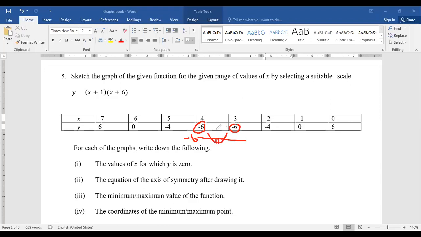So if you can't take negative 7 here, that means we need small 5 divisions, right? Small 5 divisions. That means negative 6.1, negative 6.2, negative 6.3, like that. Small 5 divisions is enough, right? So when you draw the two axes, try this one.